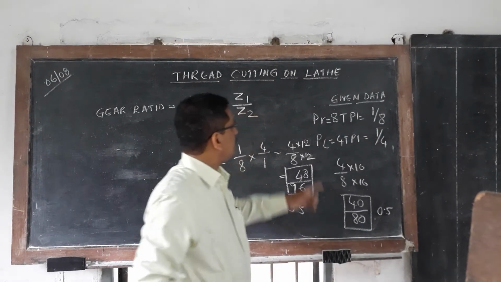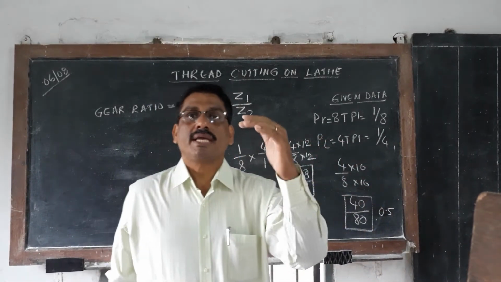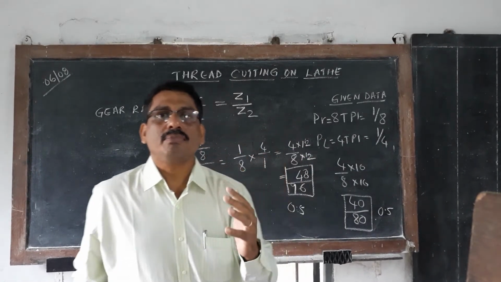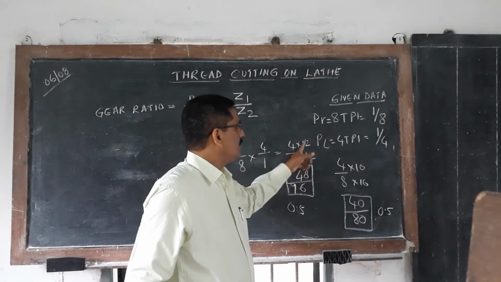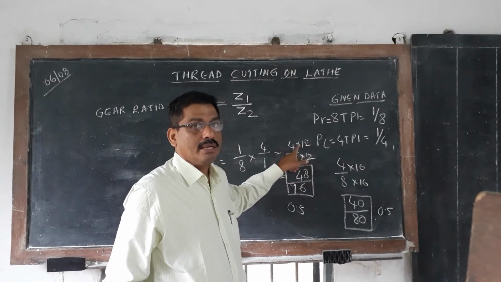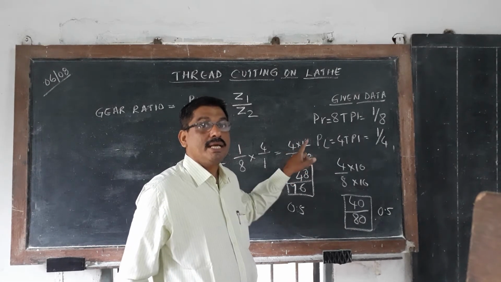So this multiplication, any number you can do, but within the range of gears available. Over that you can multiply by any number, but you have to multiply numerator and denominator both with the same number.